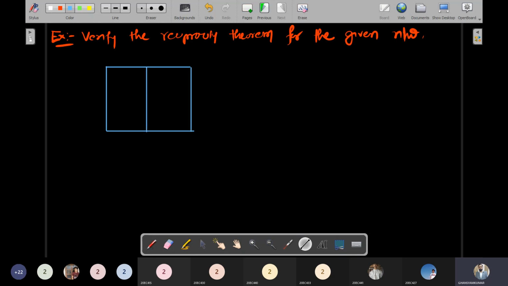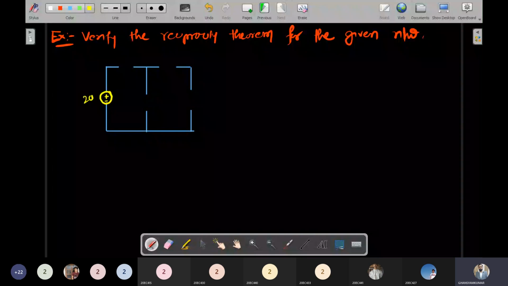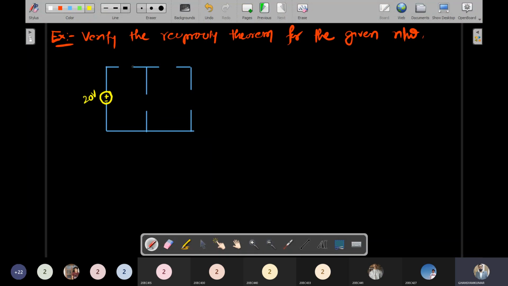Now I'm drawing the elements. One supply is available over here. This side are the resistors, passive elements. So a 20 volt DC source, this is an independent voltage source.